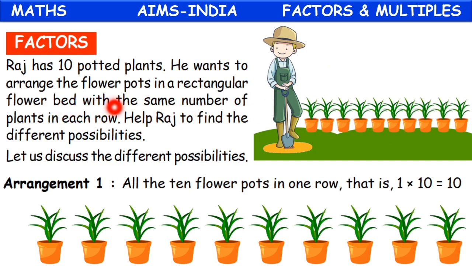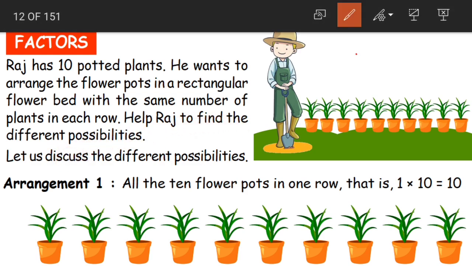He wants to arrange the flower pots in a rectangular flower bed with the same number of plants in each row. Help Raj to find the different possibilities. Now these 10 pots he wants to arrange in a rectangular flower bed. Okay, rectangle, you know the shape of rectangle, right? Yes.